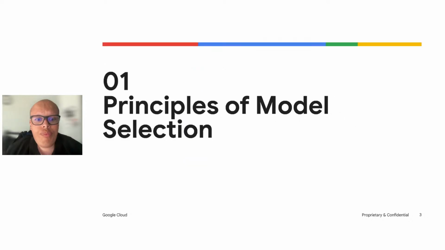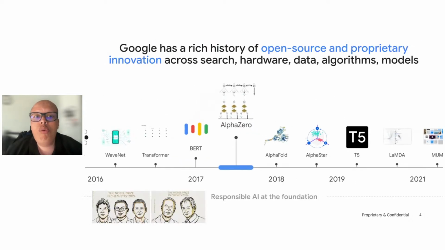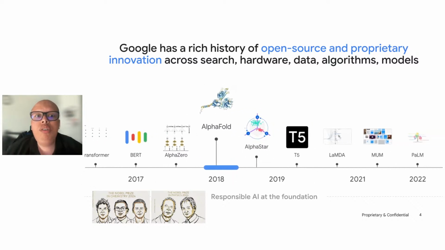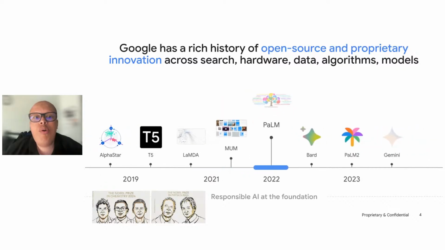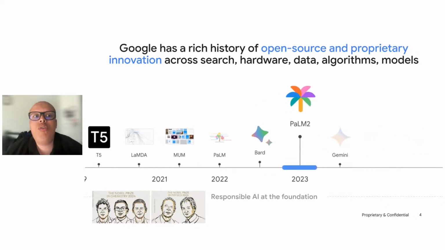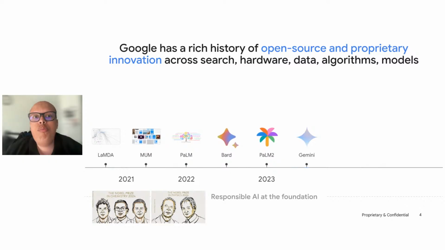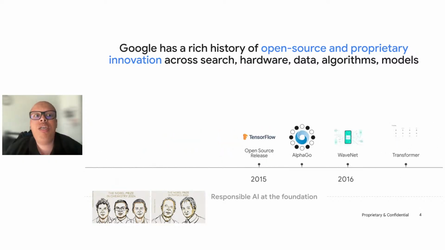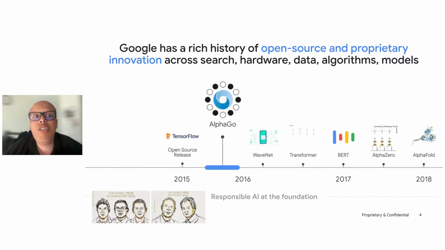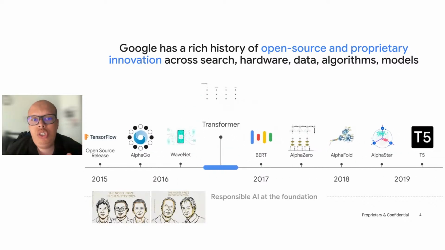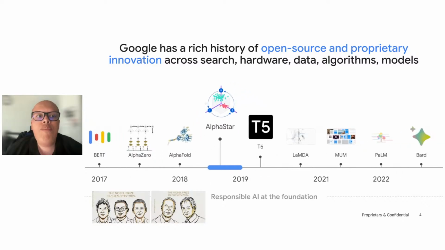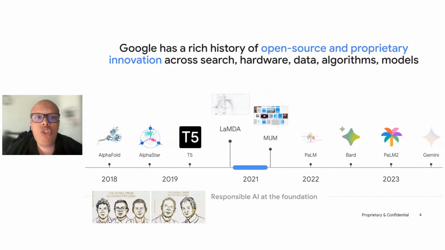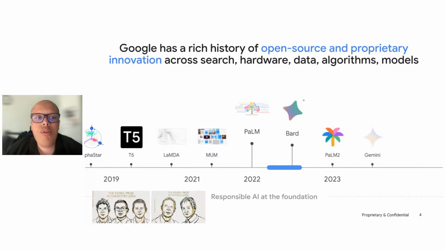So let's start with the principles of model selection. I wanted here to get some insight and put the frame of why Google. Google is very well positioned to be a leader in the AI and agentic AI ecosystem because it has a rich history of open source and proprietary innovation across search, hardware, data, algorithms, and models.